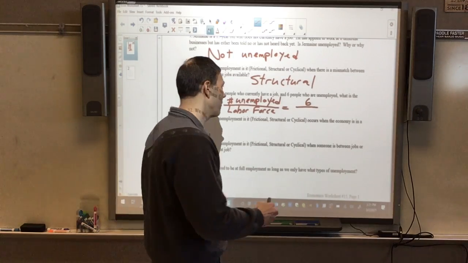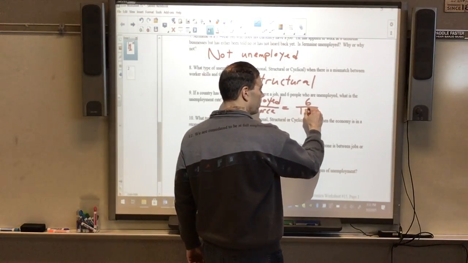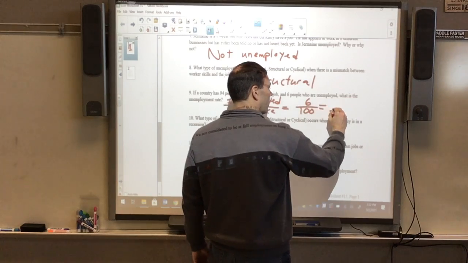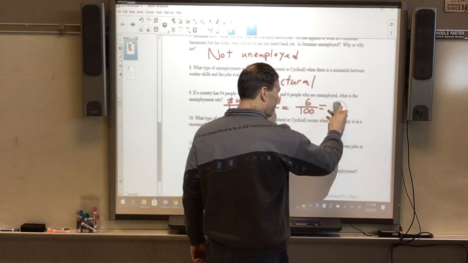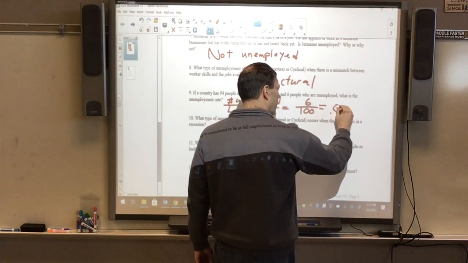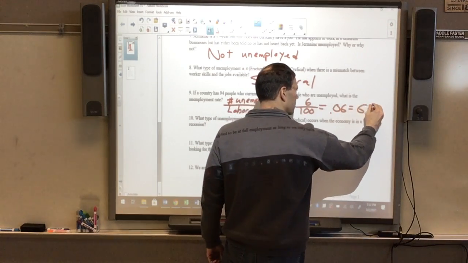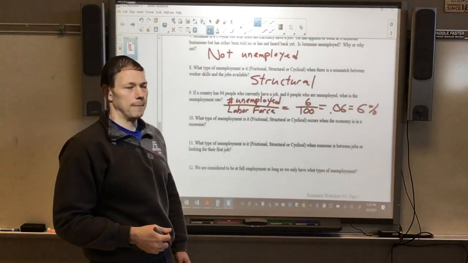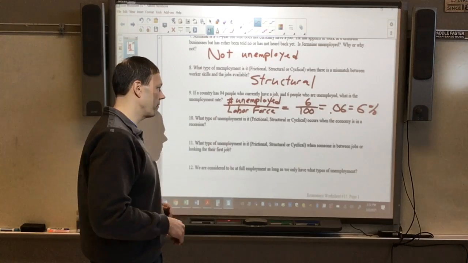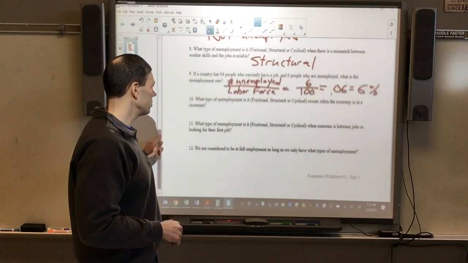Those are included in our labor force. So our labor force is 94 plus 6, so that's 100. So that would be 0.06, if I'm being accurate here. Okay, or 6%. So you just simplify it and say we have a 6% unemployment rate. Make sure you know that formula, number of unemployed divided by the labor force.